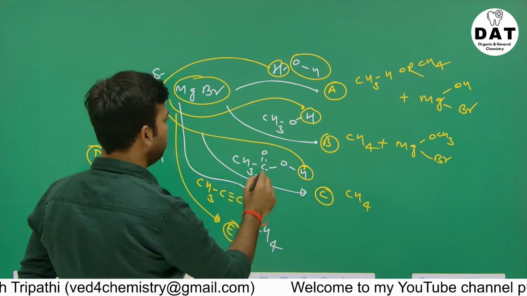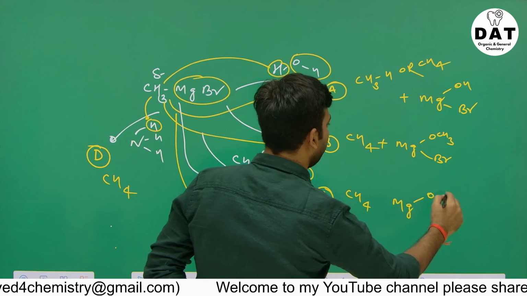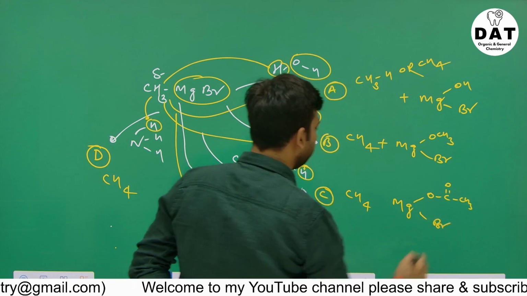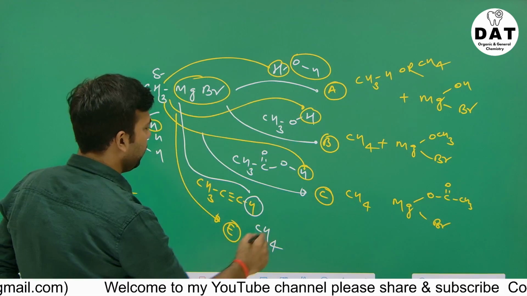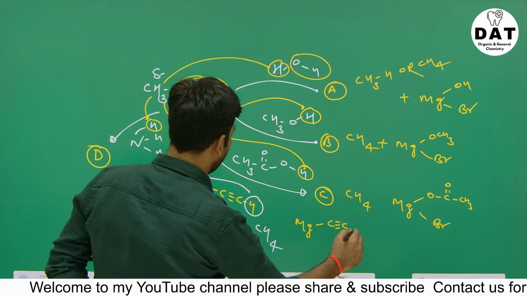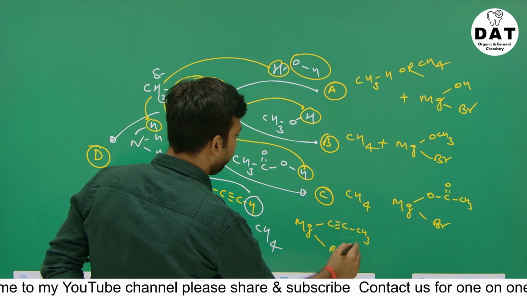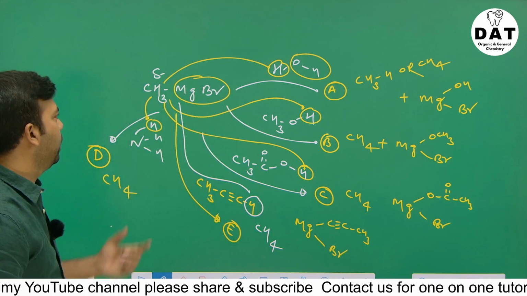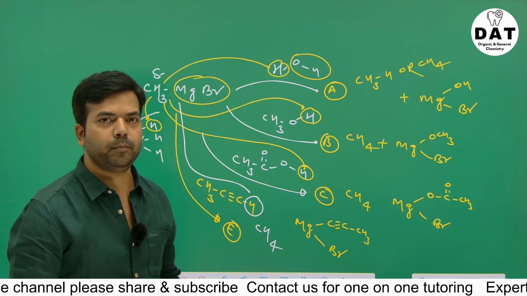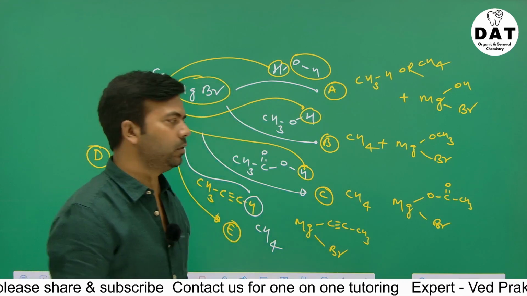Here as well, Mg OC double bond OCH3 and Br, and here as well Mg C triple bond C CH3 and here Br. Clear? As well here Mg NH2 Br. So this is an acid base reaction, which is very important, okay, and acid base reactions are the fastest ones.